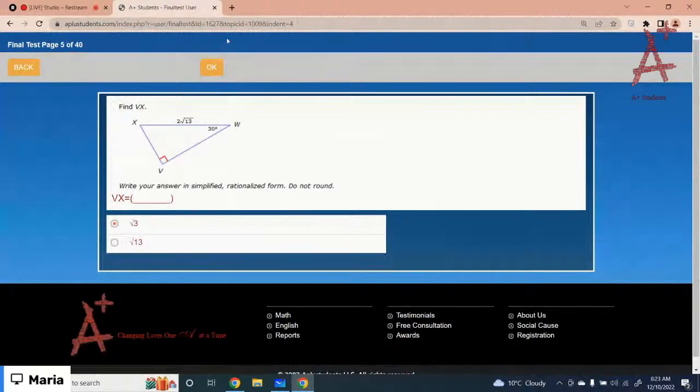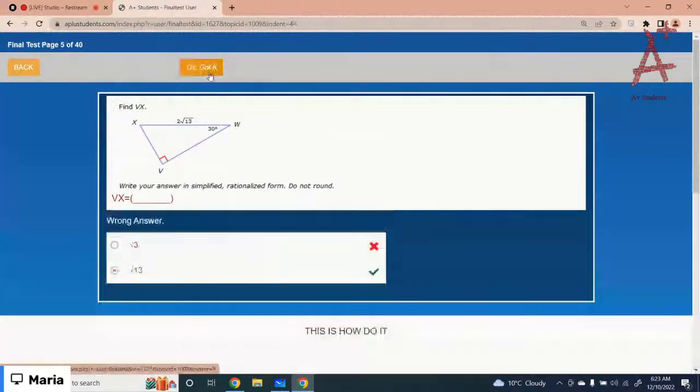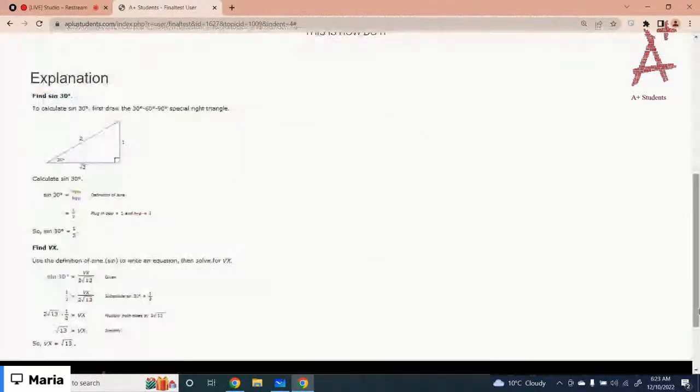Got it? It would be square root 3. Oh, so yes. So half of it is square root 13 actually. Sorry. So the half of 2 square root 13 is square root 13, not square root 3. So it is square root 13.